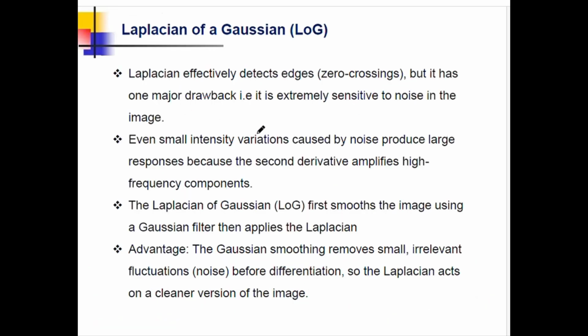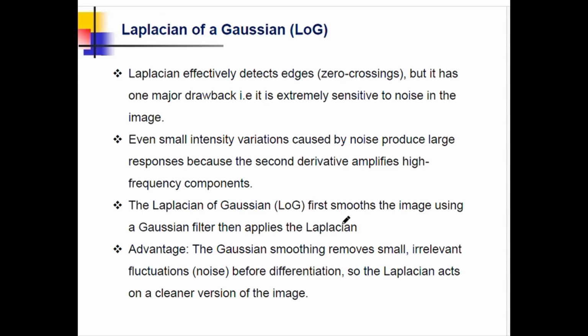The main drawback of the Laplacian operator is that it is extremely sensitive to noise in the image. I explained it: the second order derivative is more sensitive to noise than the first order derivative. Even small intensity variations caused by noise produce large responses, because the second order derivative amplifies high frequency components.